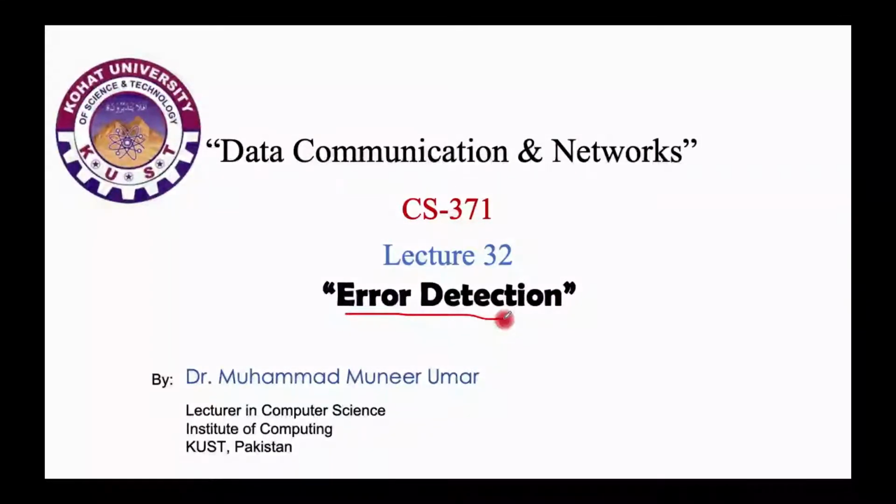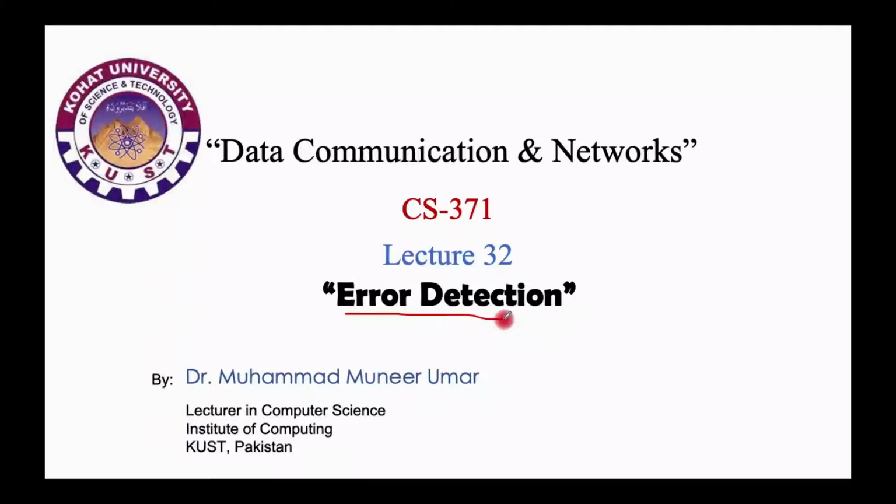We have already studied about the impairments, in which we studied that the transmitted data may get corrupted during the transmission, and it is possible that the received data would not be similar to the transmitted.